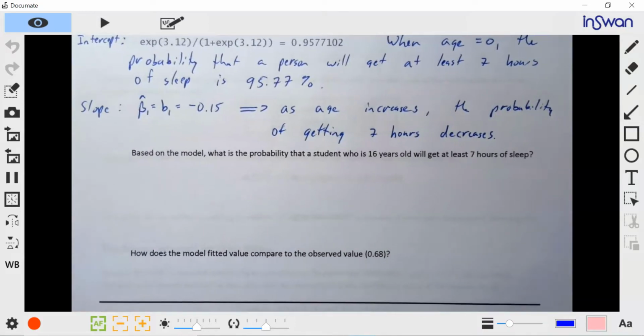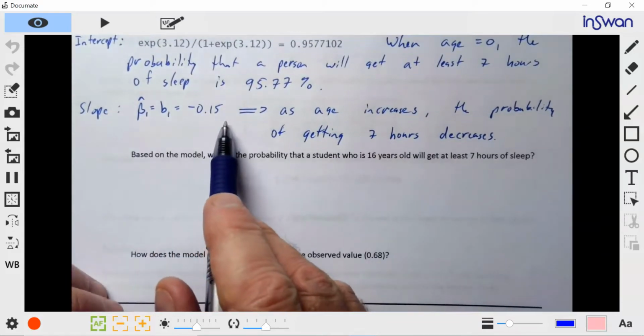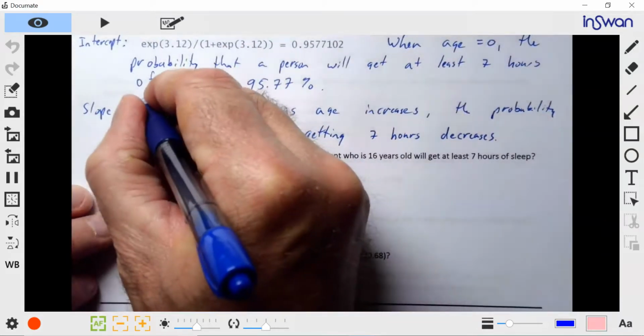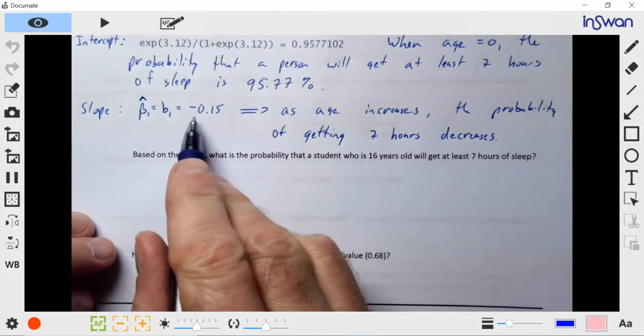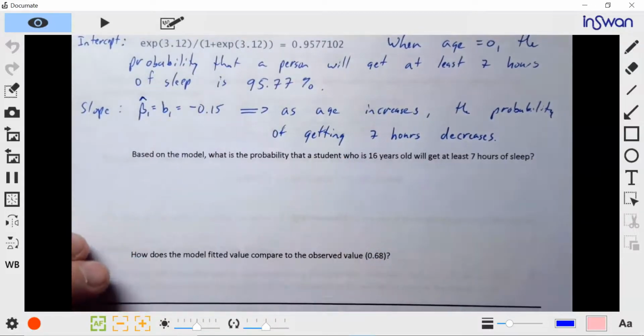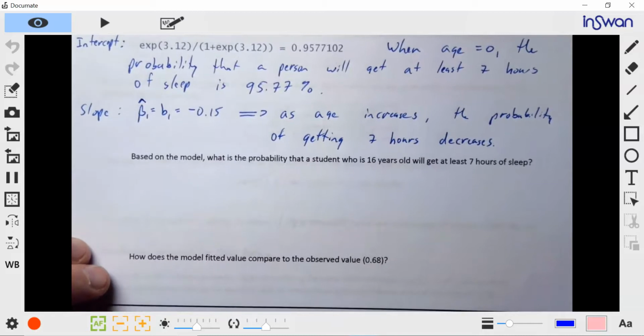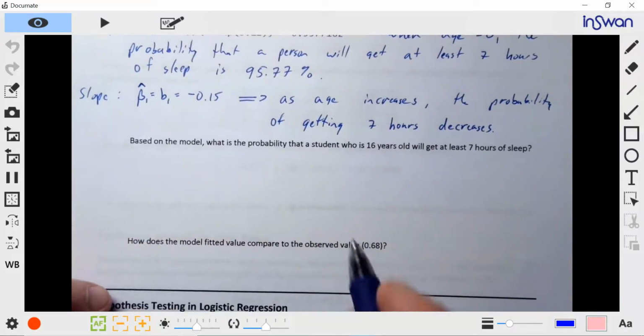But we can do more with the probability model. So this is maybe an unsatisfying interpretation of slope. I'm just interpreting the sign. But I can also plug in some values to get some specific predictions.